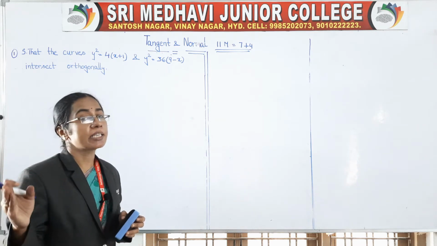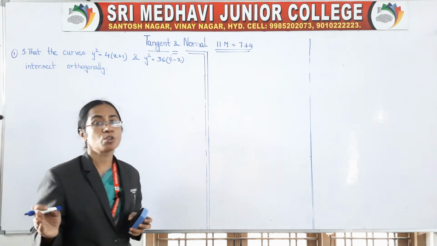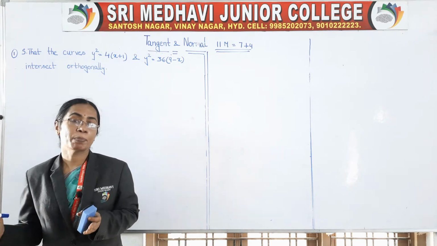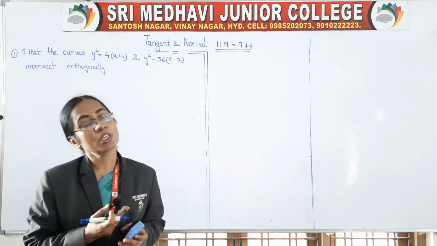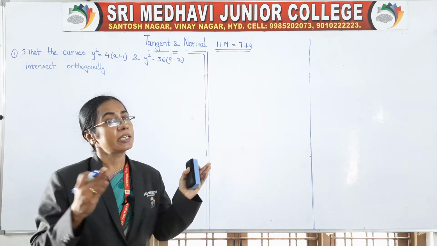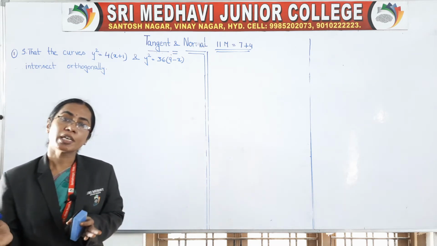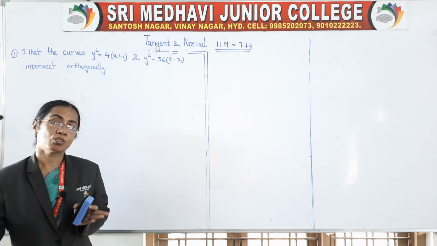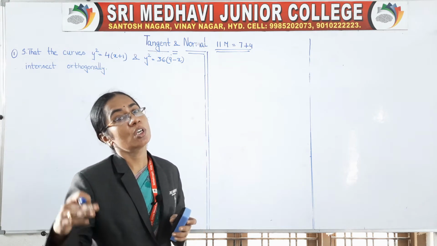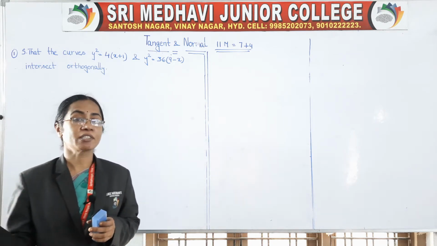While dealing with straight lines, I said to you, if the product of the slopes is equal to -1, then the two lines are perpendicular to each other. So here also it is the same thing, where we will take the angle, it is nothing but the angle between two tangents, right? You find out the slope of the tangent of the first curve, m1, and the slope of the tangent of the second curve, you consider that as m2.